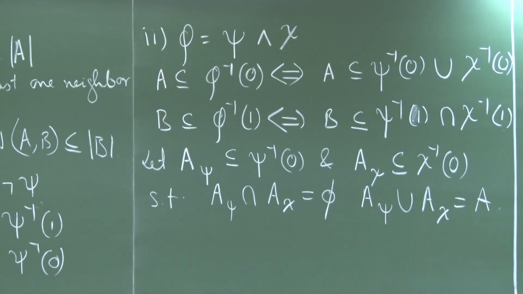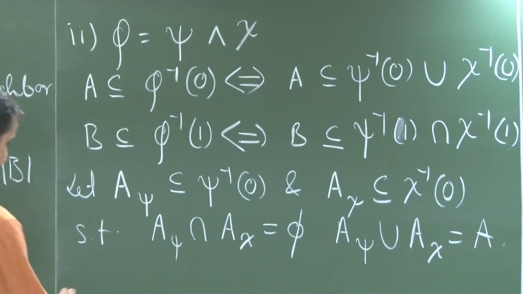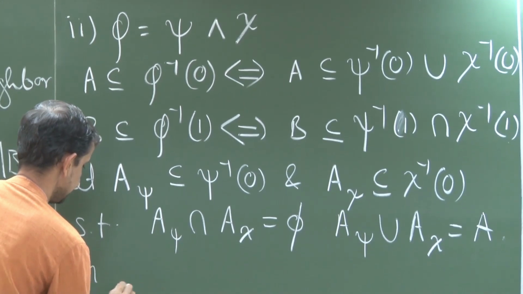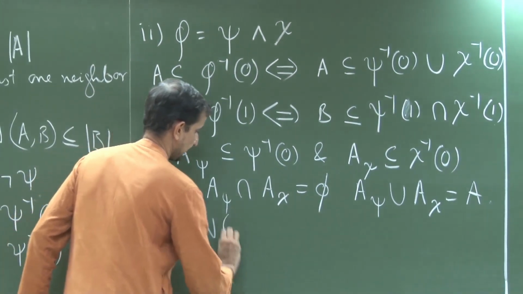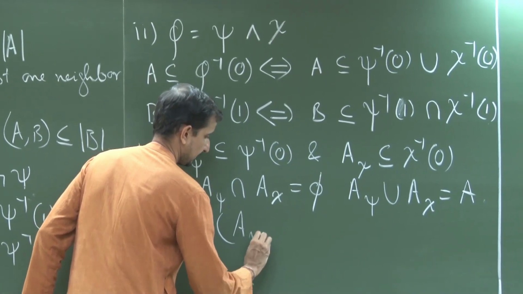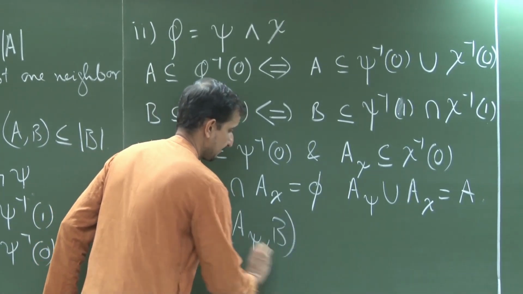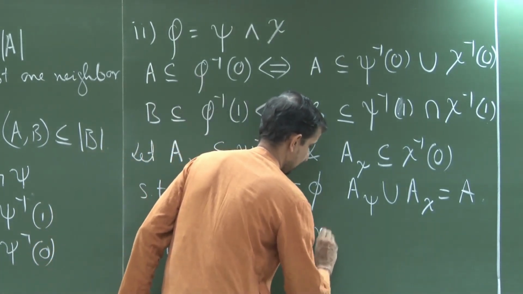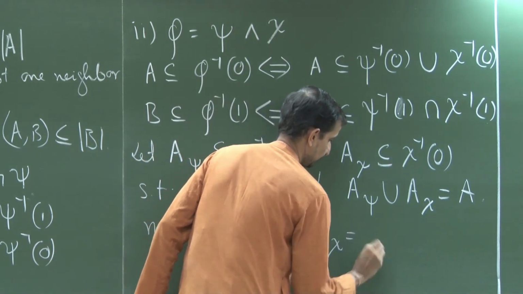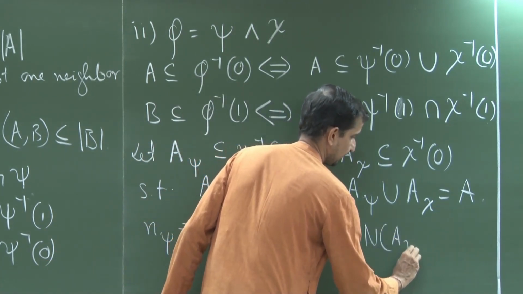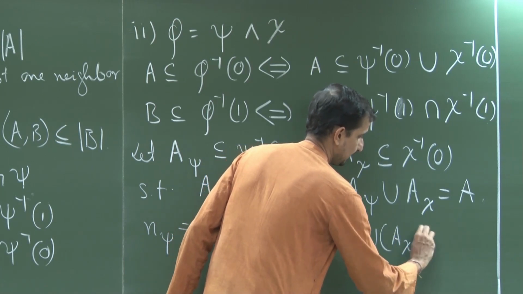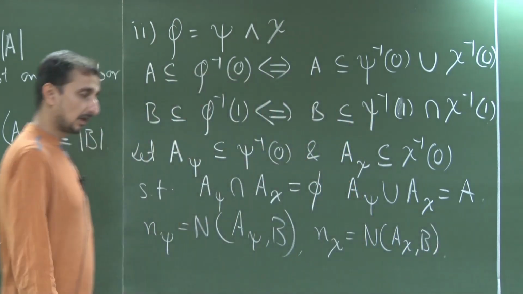and I will also use another notation. I will use n psi to be n of A psi comma B and n chi to be equal to n of A chi comma B. Okay.